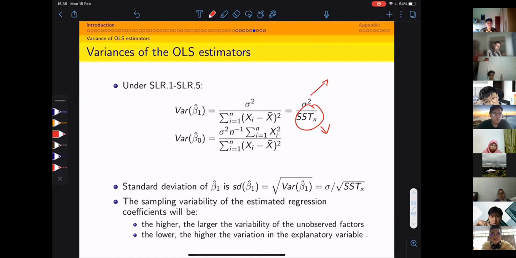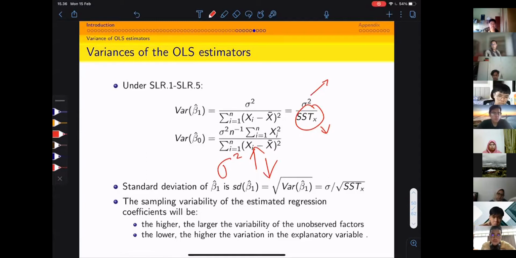So the sampling variability of the estimated regression coefficient will be higher the larger the variability of the unobserved factor. So if sigma squared is high, then the sampling variability is also going to be high. If the variance is low, then the sampling variability of the estimated regression coefficient will be low. Which one is more preferable when you do your estimation, higher sampling variability or lower sampling variability?